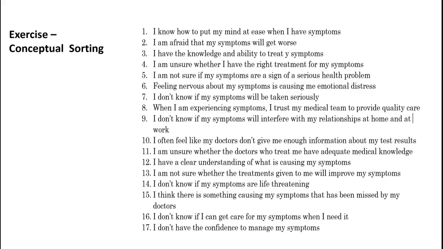Like if this is some phenomenon, some concept that exists within people and gives rise to scores. Maybe you came up with a couple of piles. One of them might be something like quality of care or trust in the medical system, right? And one of which might be an individual's confidence or efficacy in managing their symptoms.